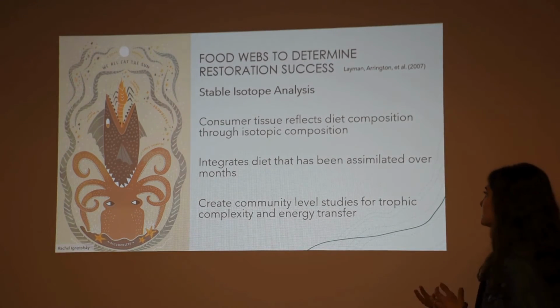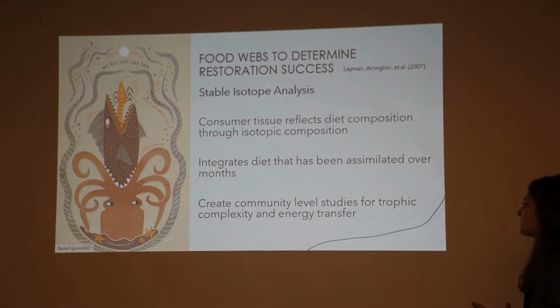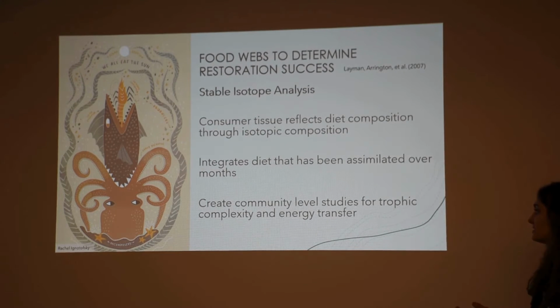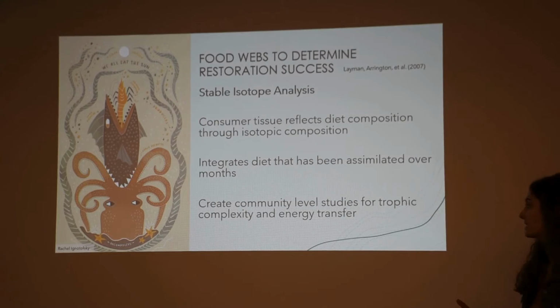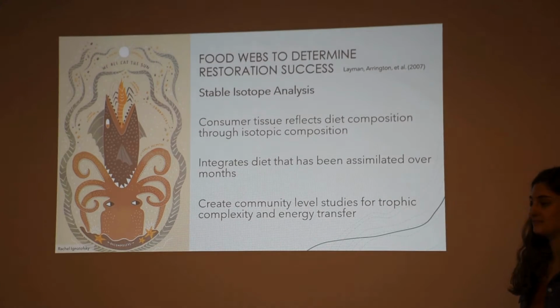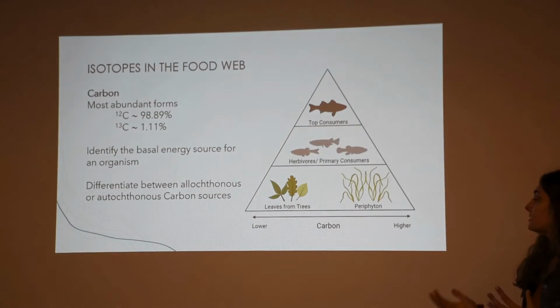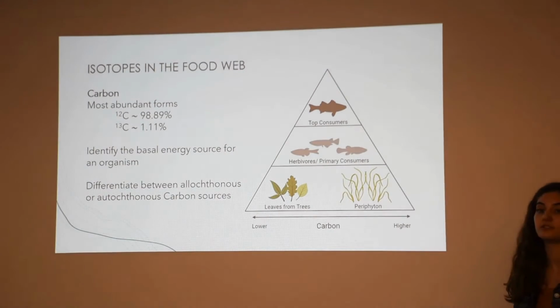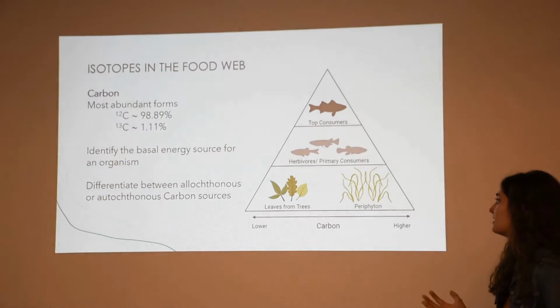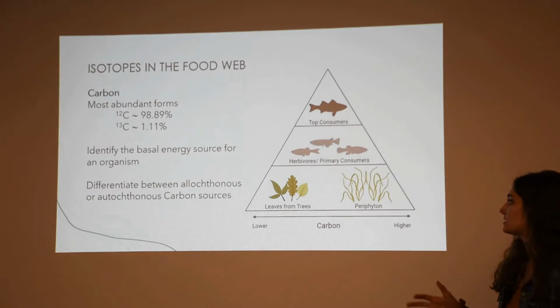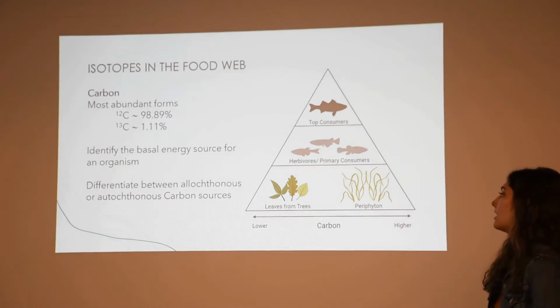And so when you make these food webs using stable isotope analysis, you can create community level studies that analyze that trophic complexity and the energy transfer in your system. The two most common isotopes, and the two that I'm looking at in this study, is carbon. Firstly, carbon can help you identify that basal energy source.